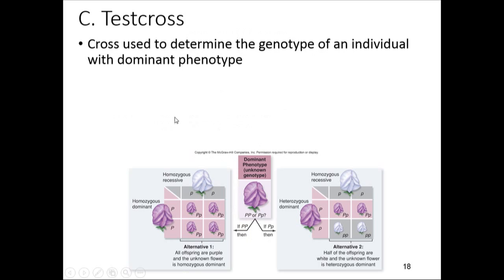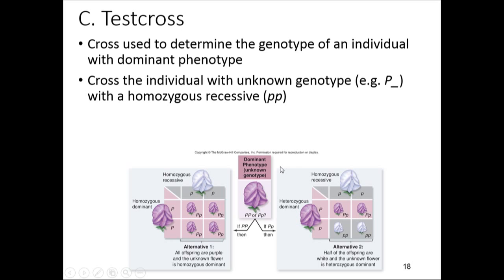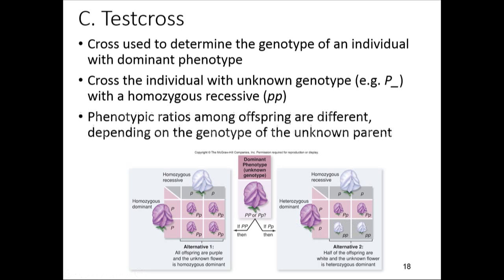Alright, if you want to determine the genotype of a certain trait, one thing you can do is a test cross, and Mendel did these. What he did was he took a homozygous recessive and paired that with whatever he was looking at, and based on the proportion of different individuals, you can determine what the genotype of it is.